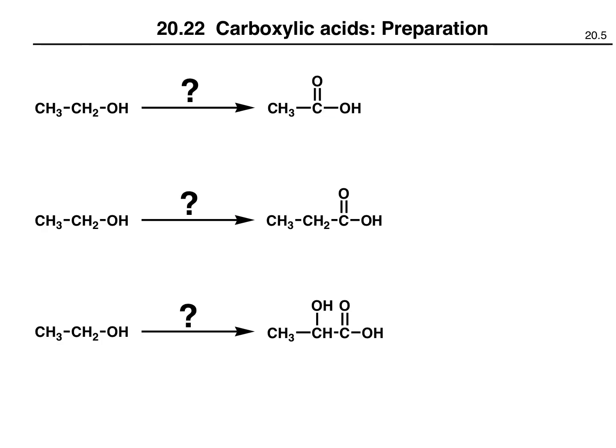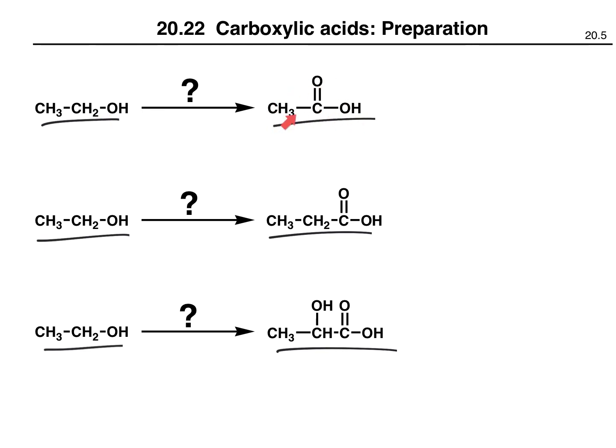So finally, let's look at a few examples and select the reagents to convert a starting material to a carboxylic acid. Actually, what we're looking at is the same starting material, but being converted to 3 different products. So in the first case, we have ethanol, a primary alcohol, being converted to acetic acid.